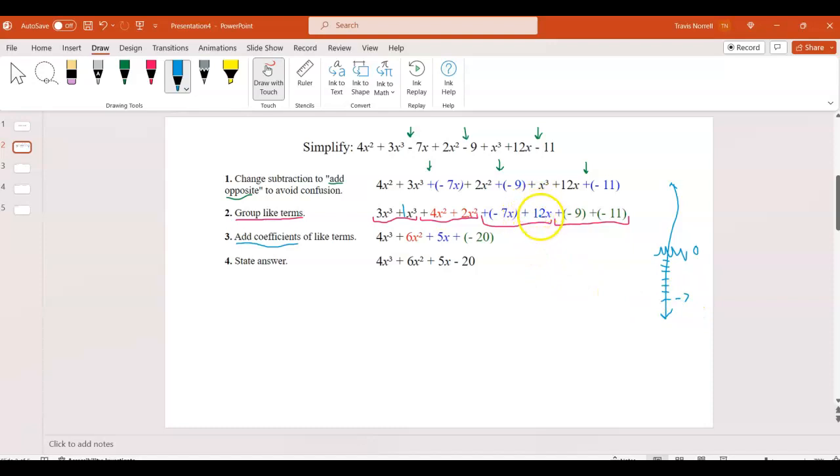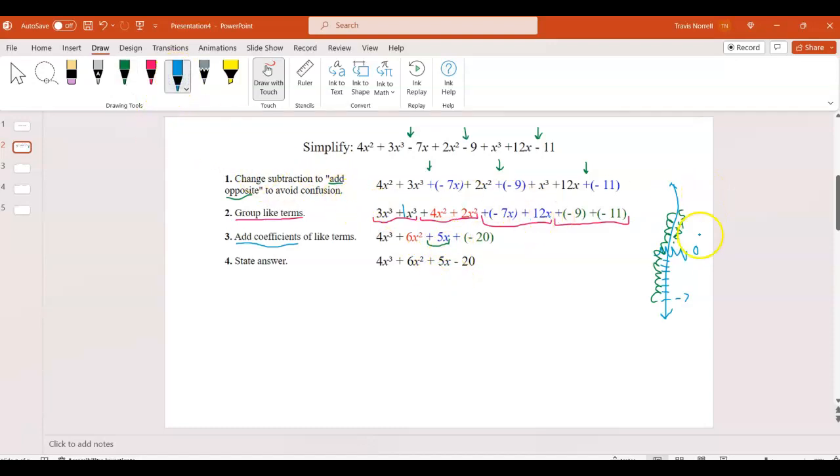And positive 12x means I'm going to go up 12 feet. 1, 2, 3, 4, 5, 6, 7, 8, 9, 10, 11, 12. You'll notice now I am positive 5 feet above the water. And so that is where we're getting this positive 5.